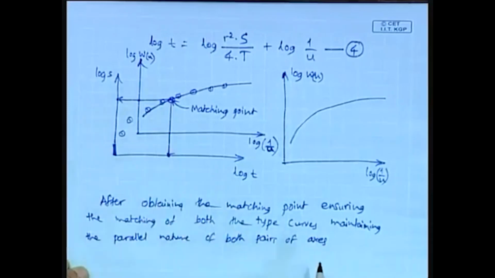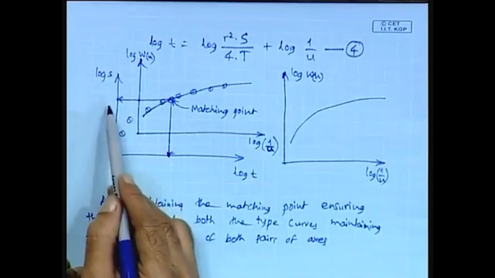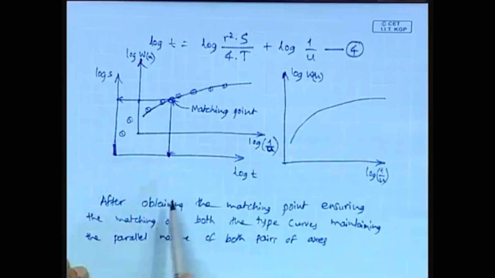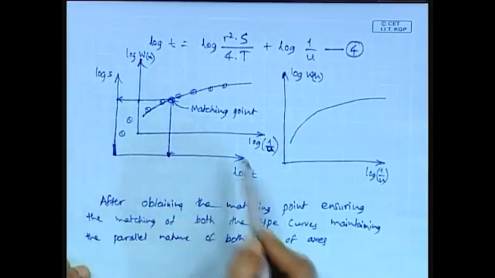So, we get the matching point, and corresponding to any matching point we can get log of s, log of W, log of 1 by u, and log of t. Once we get all these, simply substitute the values.